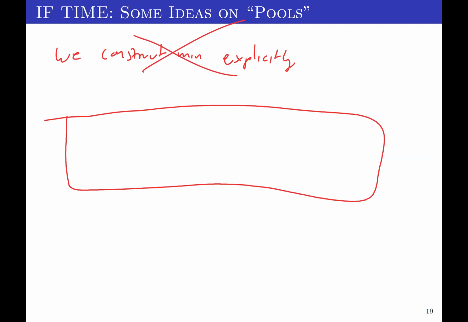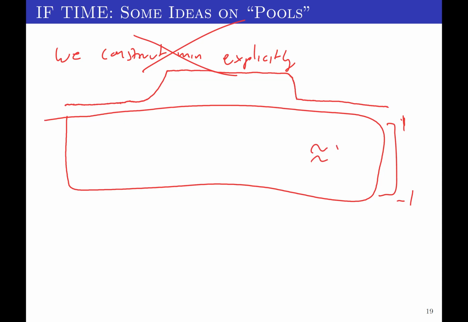we can't construct the minimizer explicitly, but we come up with boundary values. And basically, these boundary values are close to 1, and then they pop up, and go back down and close to 1. So at the sides of the box, you would expect the function to look kind of like, so this is 1 and -1. You expect the function to look kind of like y here, right?